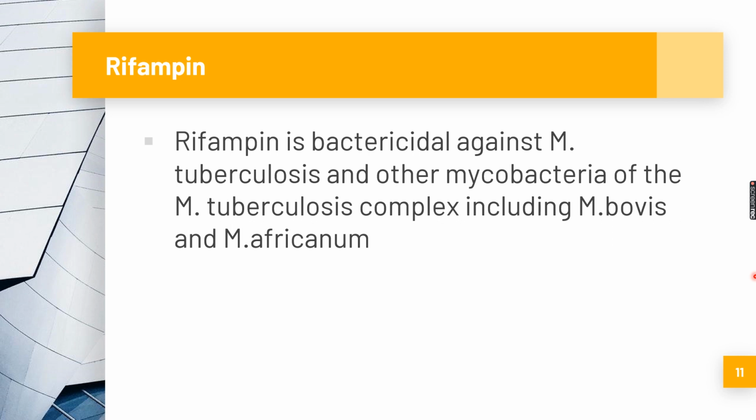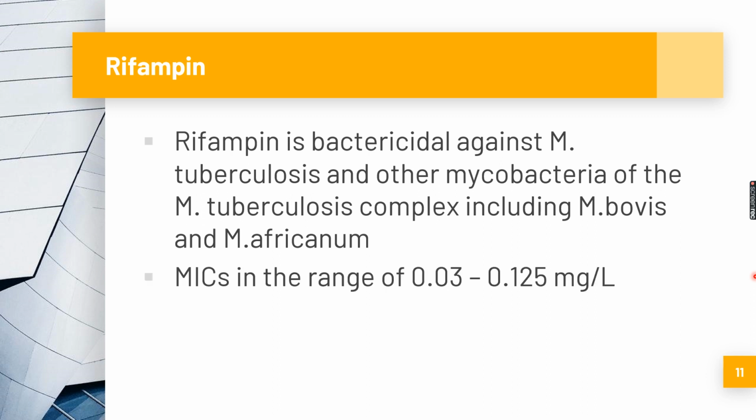Rifampin is bactericidal against Mycobacterium tuberculosis and other mycobacteria of the Mycobacterium tuberculosis complex, including Mycobacterium bovis and africanum. Minimum inhibitory concentration ranges from 0.03 to 0.125 microgram per ml or milligram per liter.